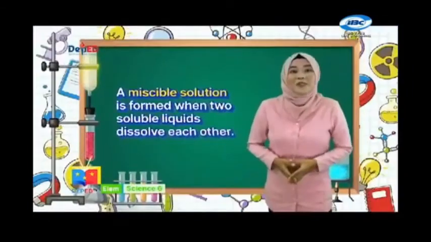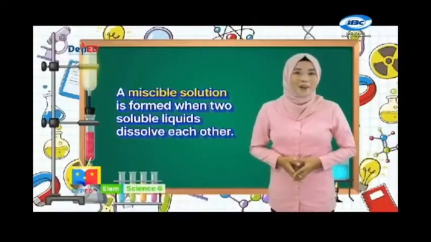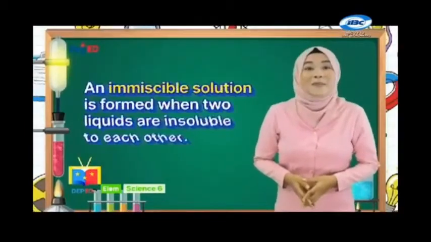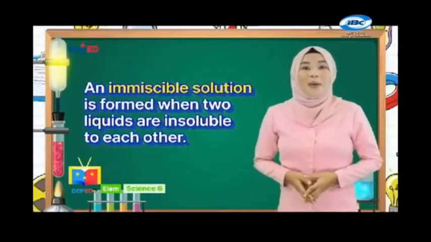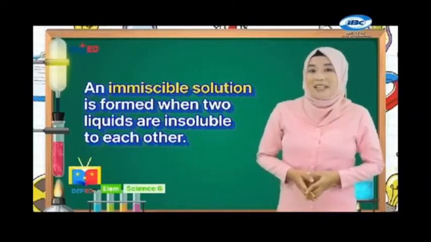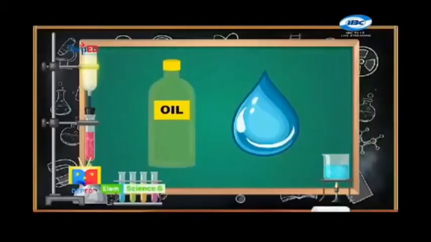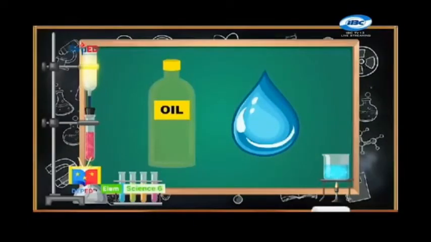A miscible solution is formed when two soluble liquids dissolve each other. An immiscible solution is formed when two liquids are insoluble to each other, which means there is no dissolvement involved. For example, oil and water.